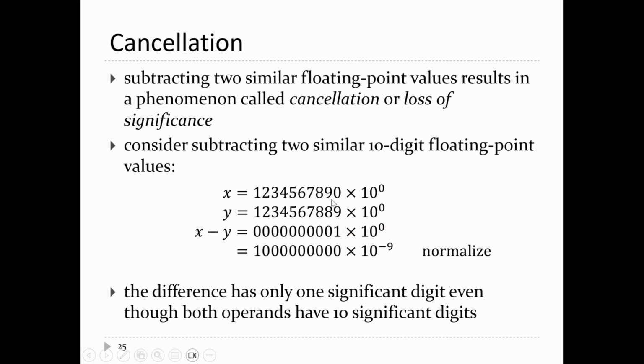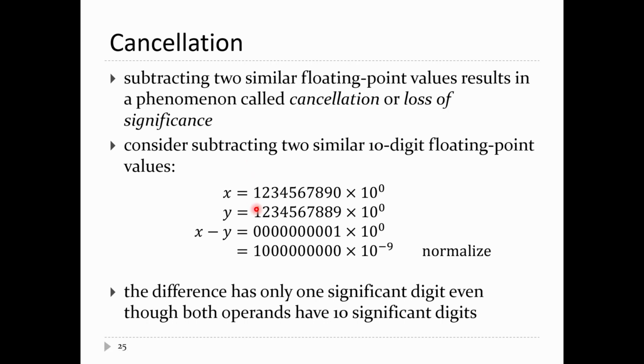So notice what's happened here. I had 10 significant digits in the second number, and I've got 1 significant digit in the final result. And so I've lost 9 digits of significance between x and y and the difference of x and y. Obviously, this is not surprising. This is how subtraction works.